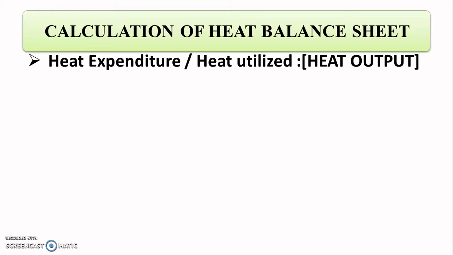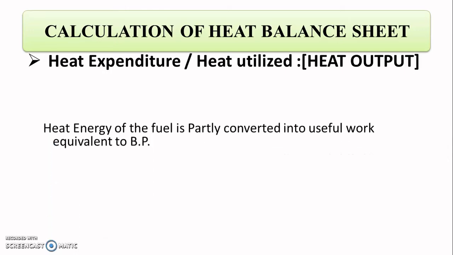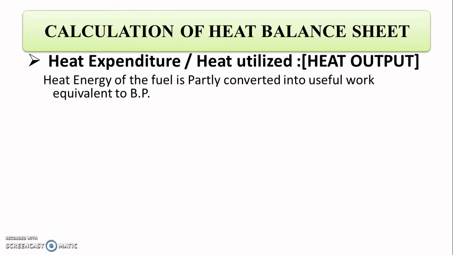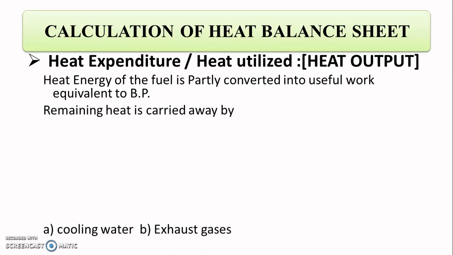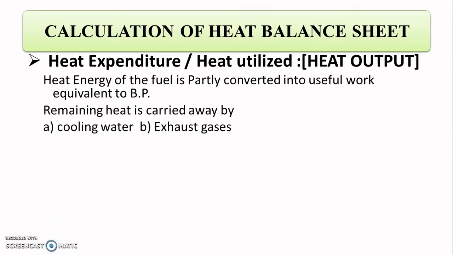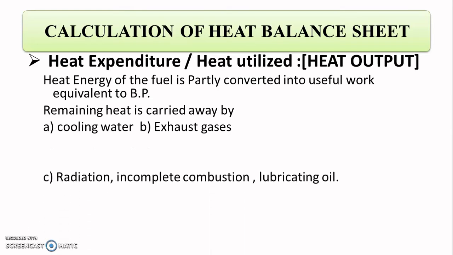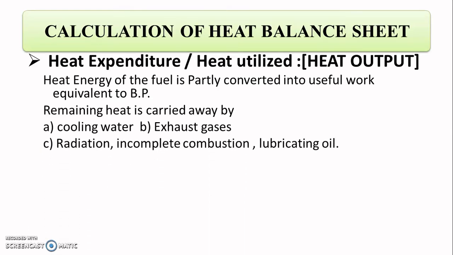In second step, we have to calculate the heat output. So heat energy of the fuel is partly converted into useful work, that is equivalent to brake power, and the remaining heat is carried away by the cooling water jacket, exhaust gases, radiation, incomplete combustion, and lubricating oil.